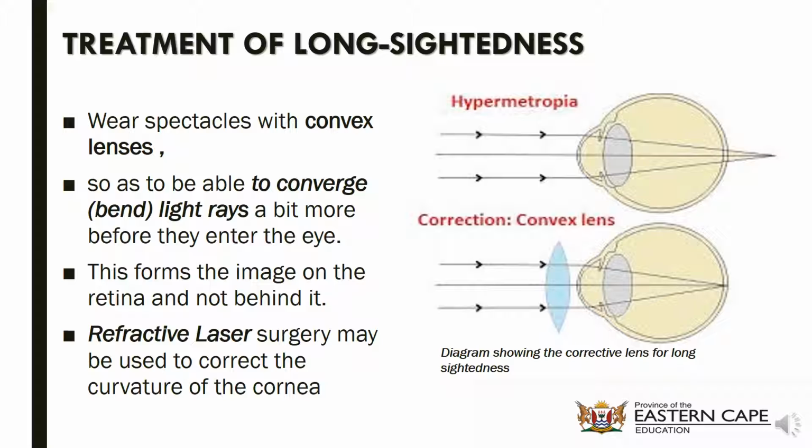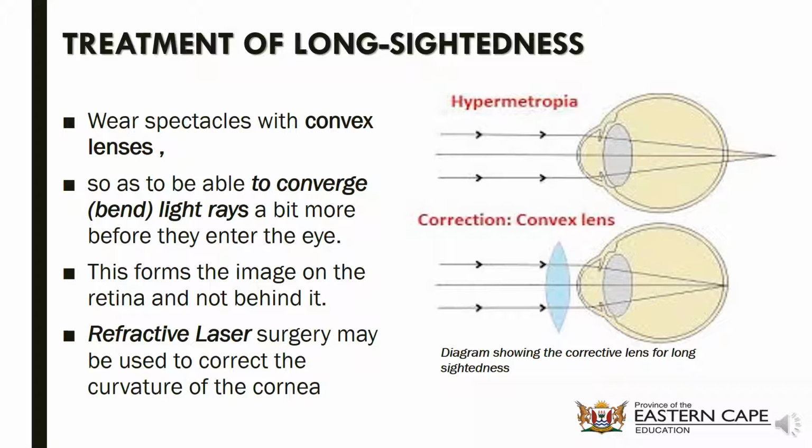Remember, the light rays are coming in, so the lens needs to bulge out and meet these light rays. And when you have your convex lens, it is able to bend the light before it enters the eyes. And as it bends the light, it allows the rays to converge.